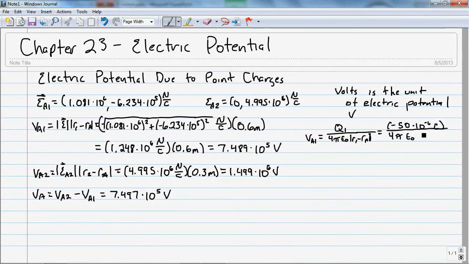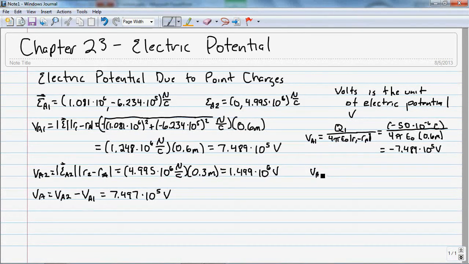And the distance was 60 centimeters, so it's 0.6 meters, and that gives me negative 7.489 times 10 to the fifth volts.